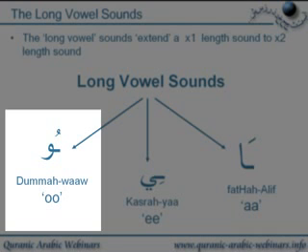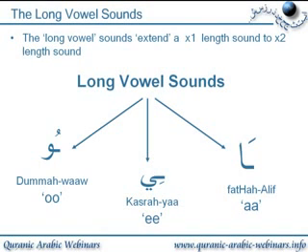It will change the sound of the u, which is one long, to two long. So the u will change to oo. So the fathah-alif gives the sound of aa, the kasrah-yaa gives the sound of ee, and the dummah-waaw gives the sound of oo.